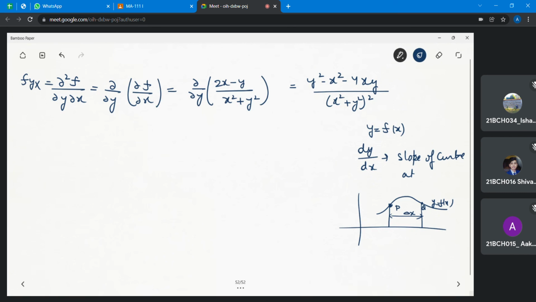So this is some point x naught and this is x naught plus delta x. If you connect this line PQ, it is called the secant line. And the derivative dy over dx is nothing but the slope of the curve at this point. So this is the slope of the curve at point P.